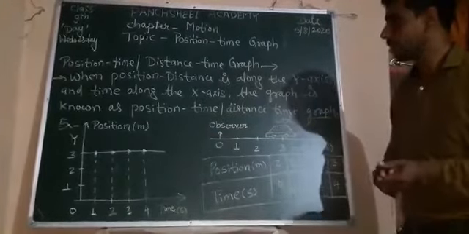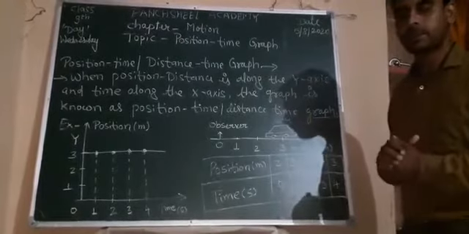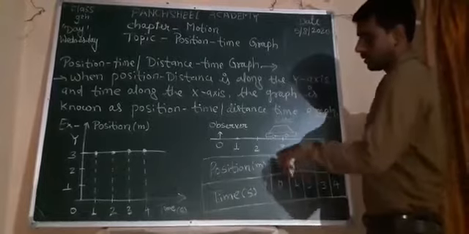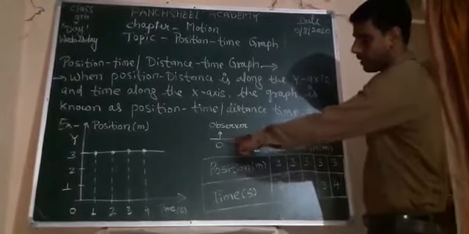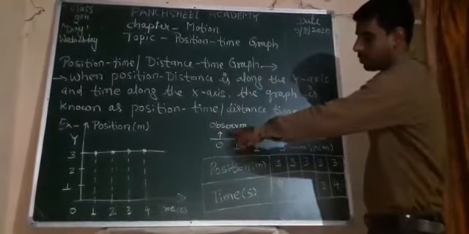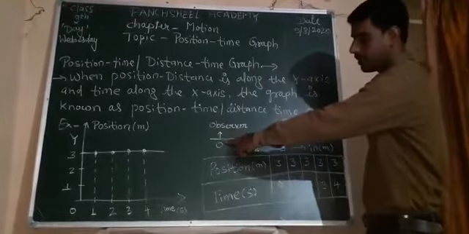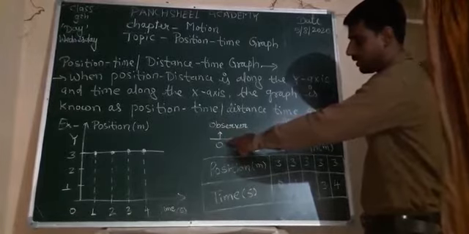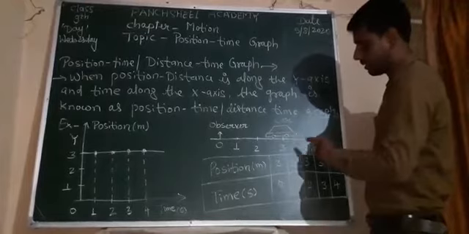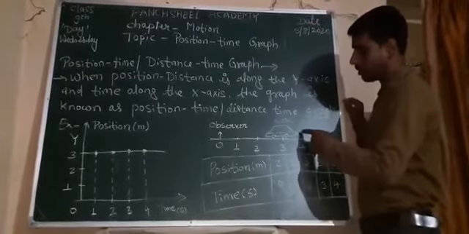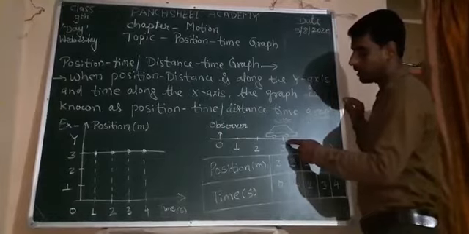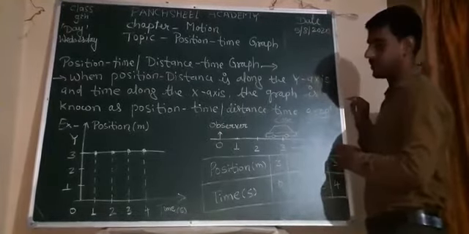For example, suppose the observer is standing here, and the car is kept at a 3-meter distance.